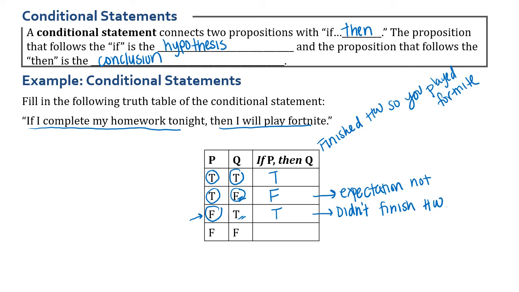So this ends up being a true statement, because the statement was only for what would happen if we finished our homework. We typically say the hypothesis wasn't met, so there's no conclusion to compare it to, so I'm going to assume this is still a true statement. Same with the last one: I didn't complete my homework and I didn't play Fortnite.